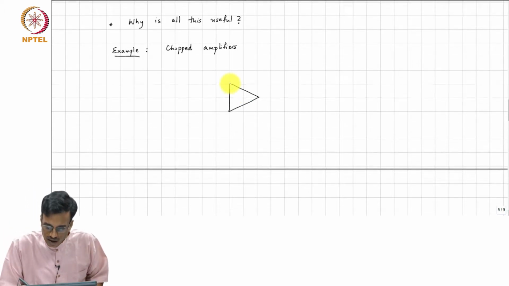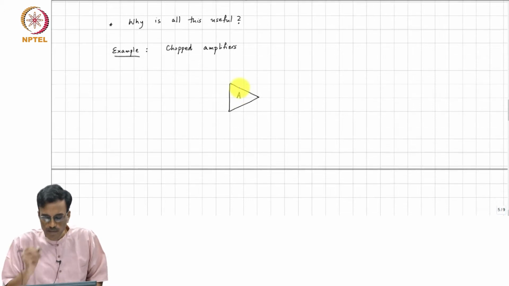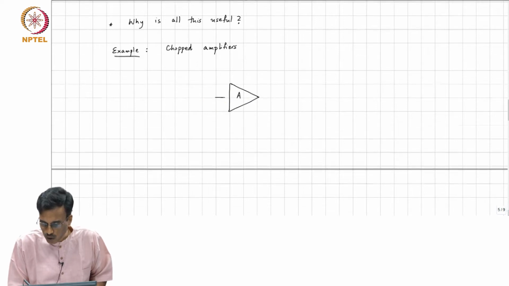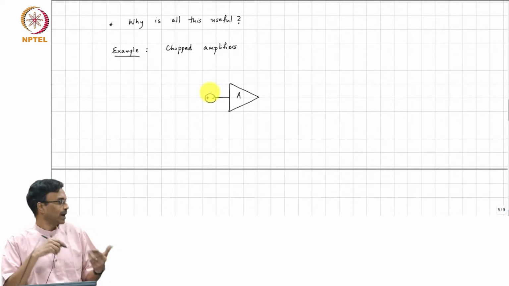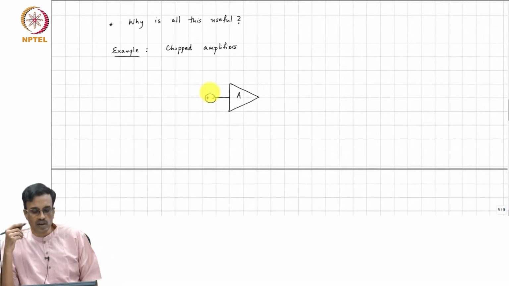The amplifier that you use, let us say it has a gain of A, and it turns out that all amplifiers will have what is called DC offset.